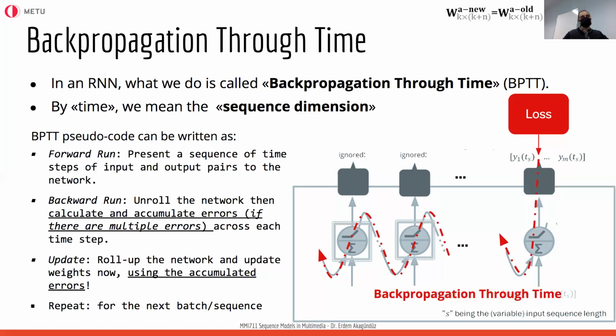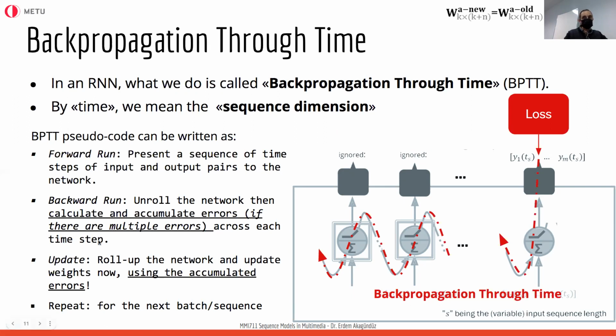The pseudocode for BPTT can be written as: you do the forward run for an input-output pair. Then in the backward run, you unroll the network and calculate and accumulate the errors across each time step.